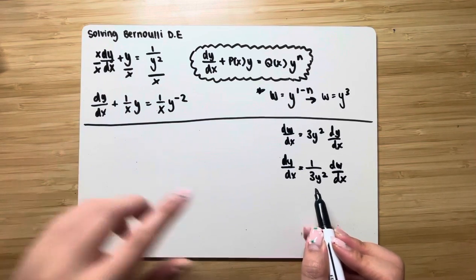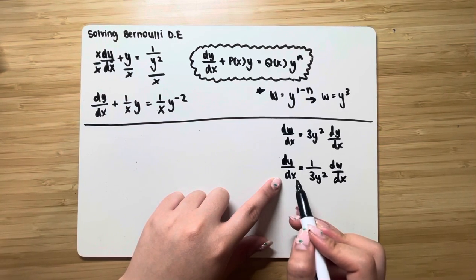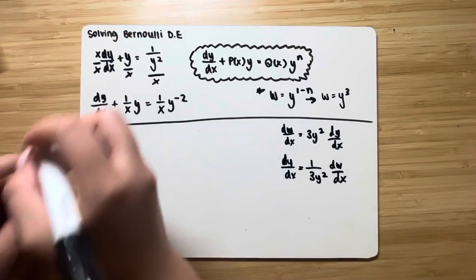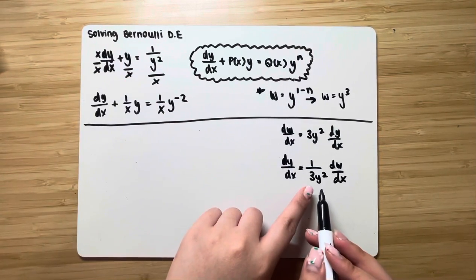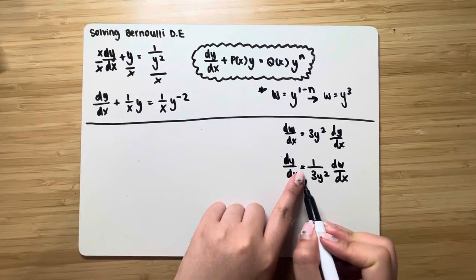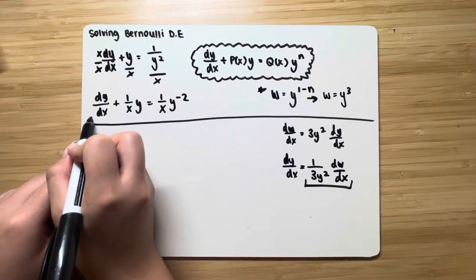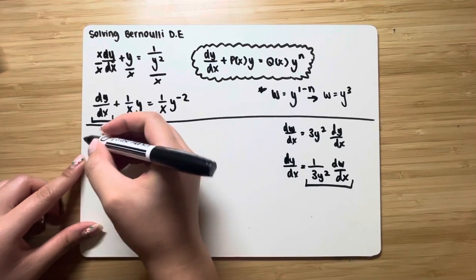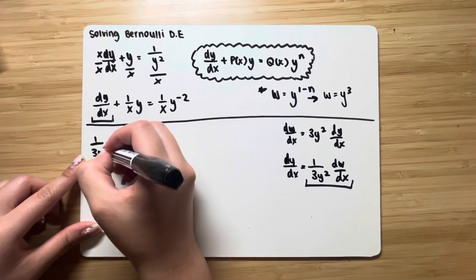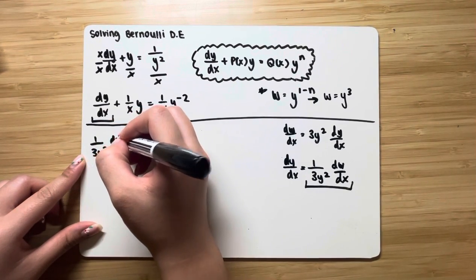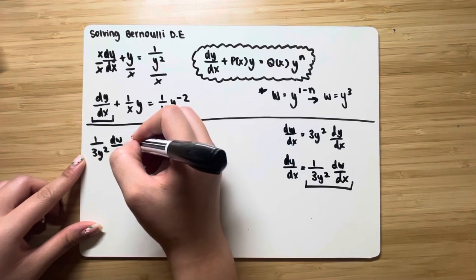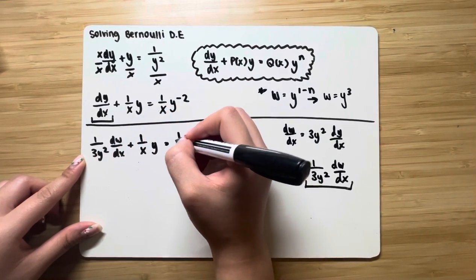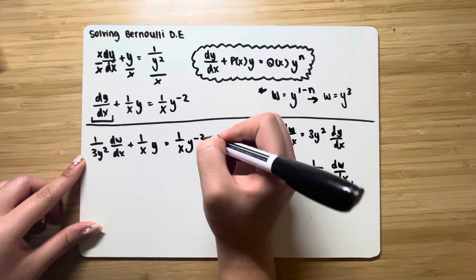Now with this, you want to plug it into this portion. You have 1 over 3y squared dw over dx plus 1 over x y equals 1 over x y to the negative second power.